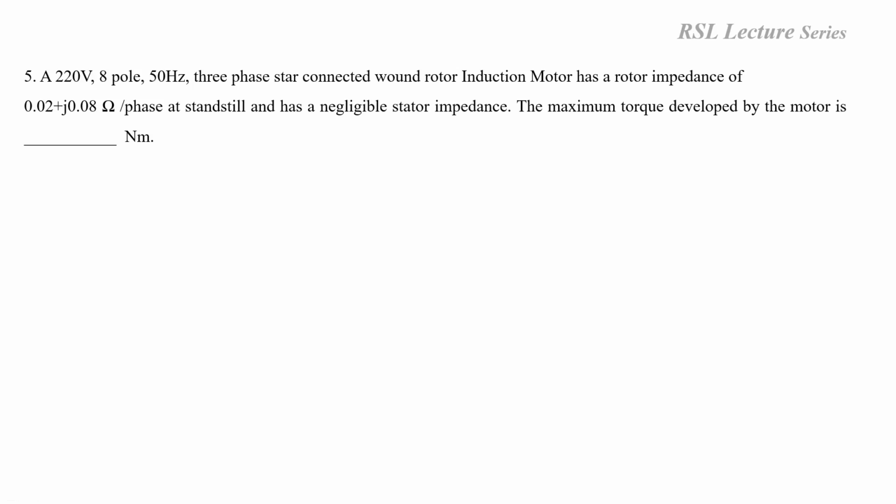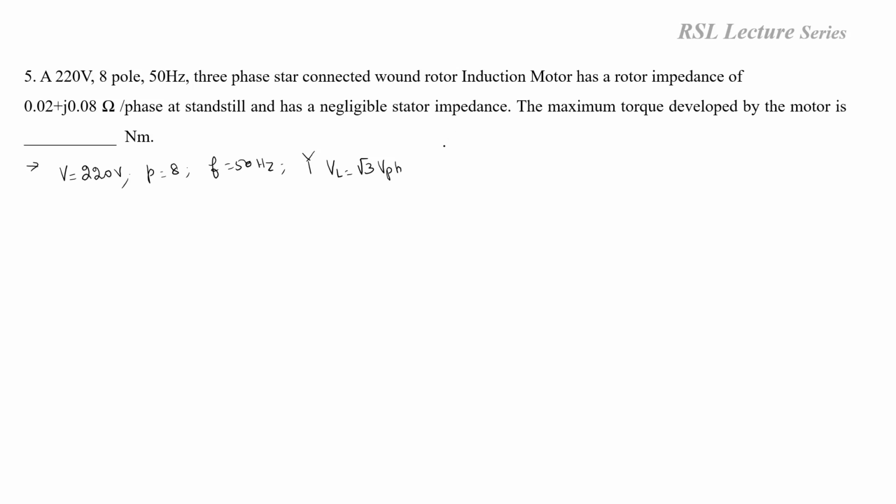First we'll write the given data. The supply voltage is given, V is equal to 220 volts. Number of poles P is equal to 8. The supply frequency F is equal to 50 Hertz. The motor is star connected, and in the case of star connection, VL is equal to √3 times V phase.